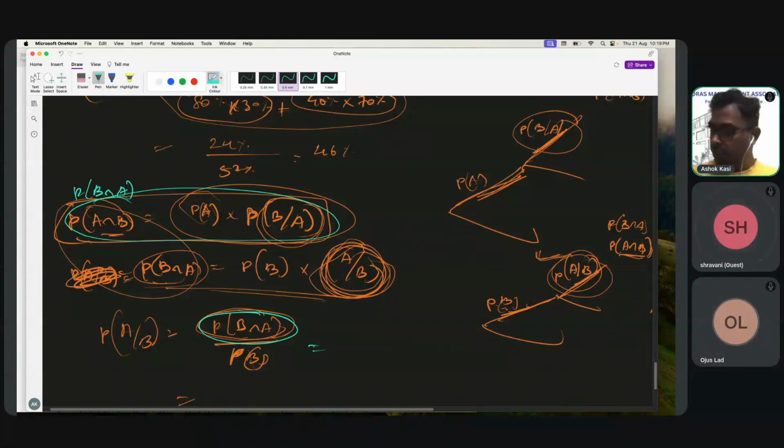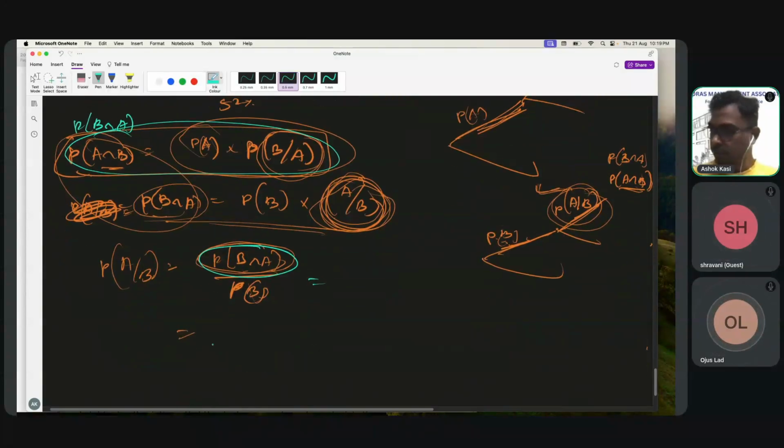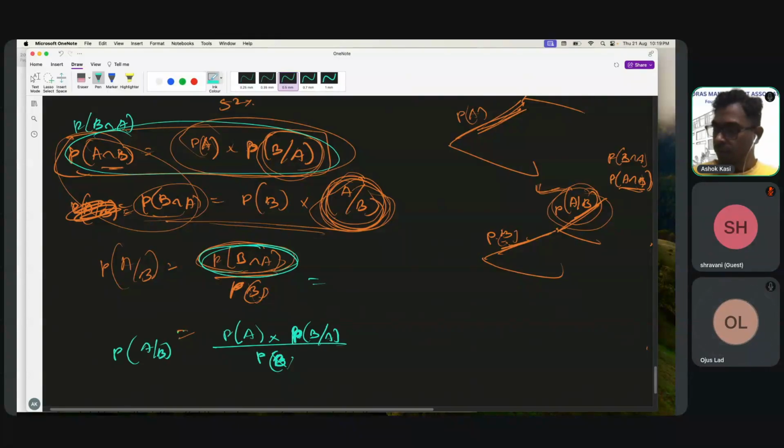So I can write here probability of B, and here in the numerator I can write probability of A into probability of B by A. Probability of A by B is equal to probability of A into probability of B by A, divided by probability of B. Is this step okay? This step is also fine, right?